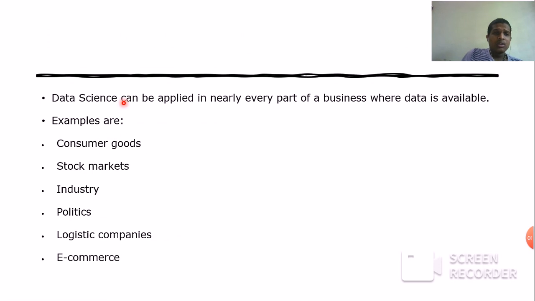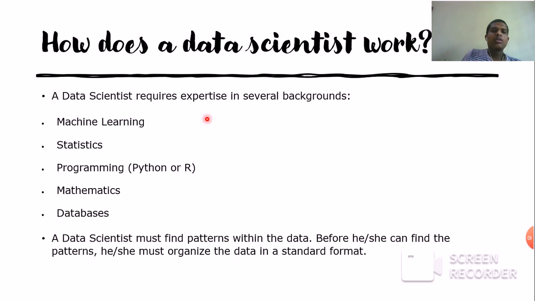Data science can be applied in nearly every part of a business where data is available. Some examples are consumer goods, stock markets, industry, politics, logistics companies, and e-commerce also. So how does a data scientist work?